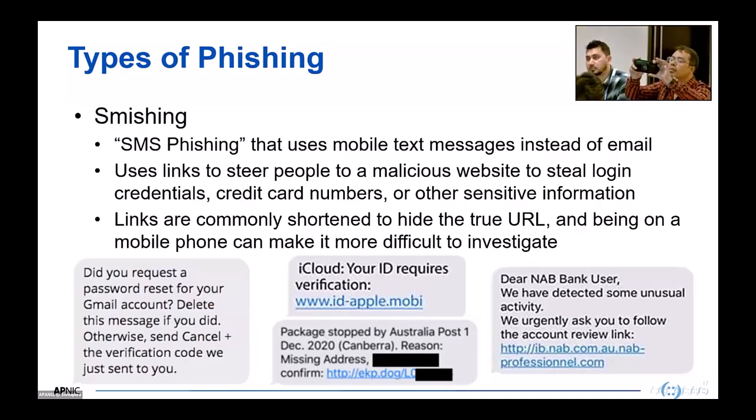So that's real, but then it continues .nab-professional.com. So if people just verify the beginning of a domain name and they don't understand how domain names work, they might go, well, it looks like NAB, click. And then, of course, once they're on the website, it's an identical clone of the banking website to steal the username and password to log in.